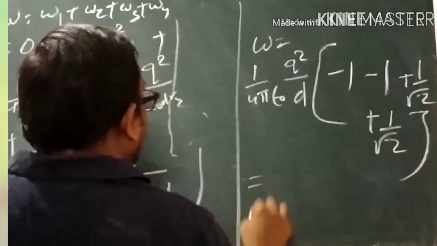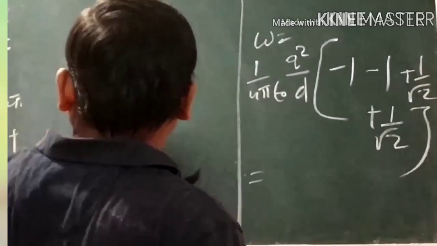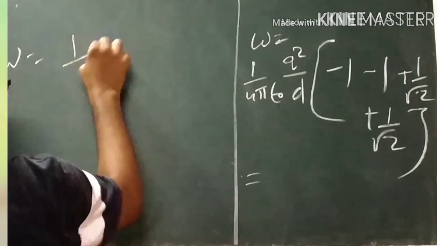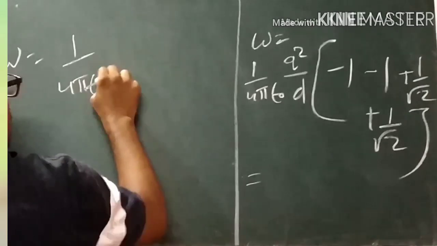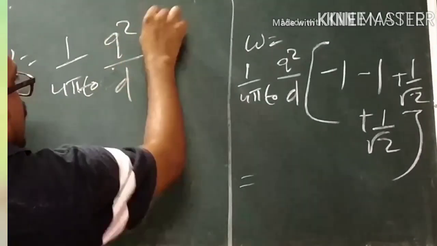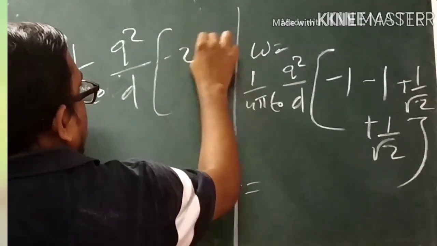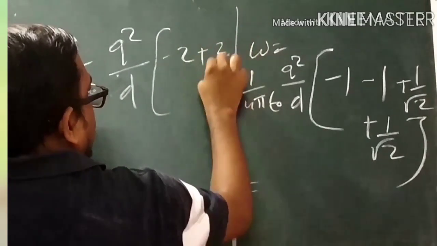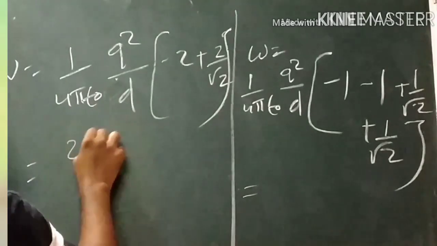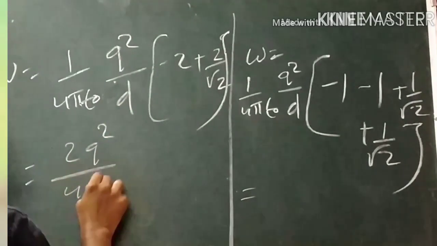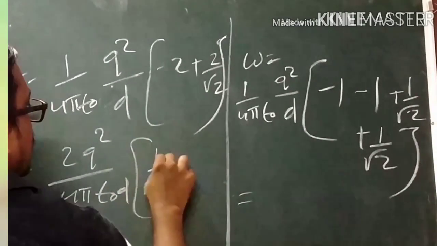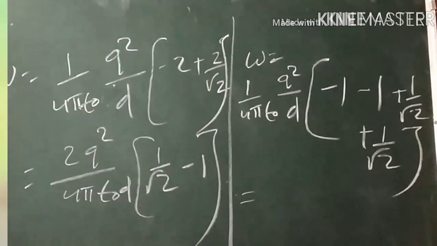So the value will be W equal to 1 by 4 pi epsilon 0 into q square by d into minus 2 plus 2 by root 2. Or if we take 2 also common, this is 2 q square by 4 pi epsilon 0 d into 1 by root 2 minus 1, and this is the final result.